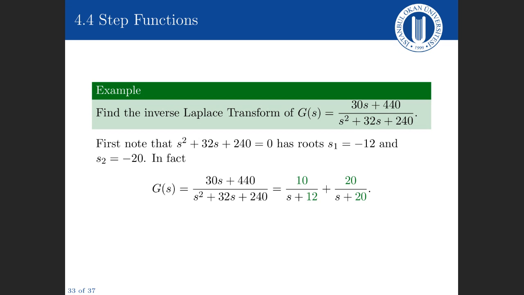So we can use partial fractions. You can check that capital G is 10 divided by s plus 12 plus 20 divided by s plus 20. And these numbers, 10, 12, 20, 20, hopefully look familiar to you. I'm going to leave this example for you to finish.